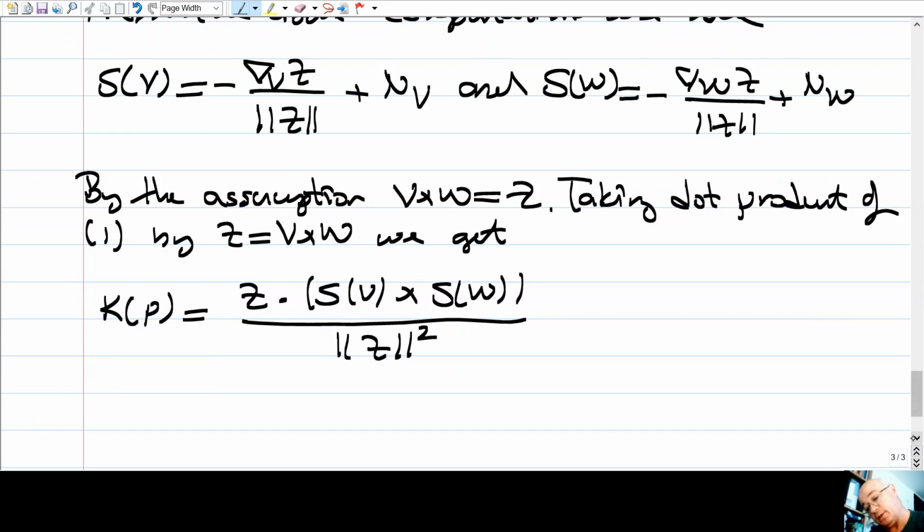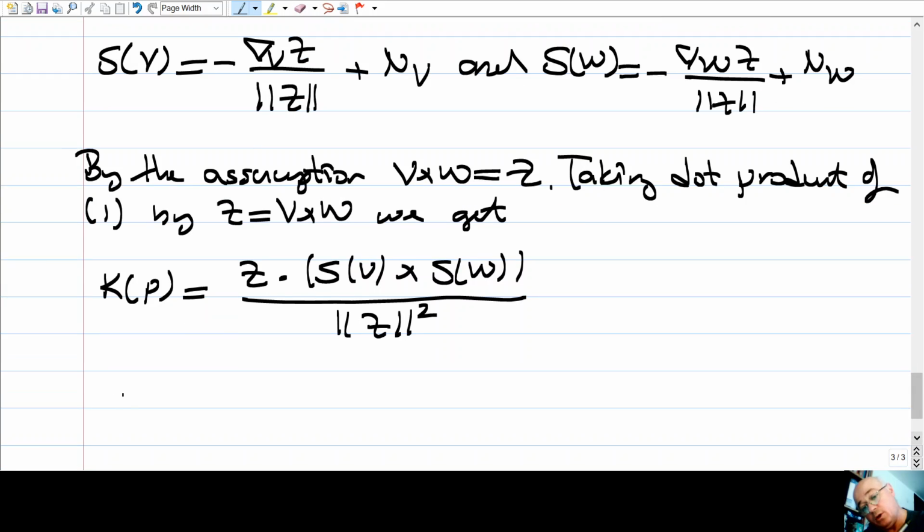And then we do what? Well, let's see what this quantity is. SV cross SW. I have the expressions for SV and SW. Now, SV cross SW has 4 terms. Let me write down the terms.